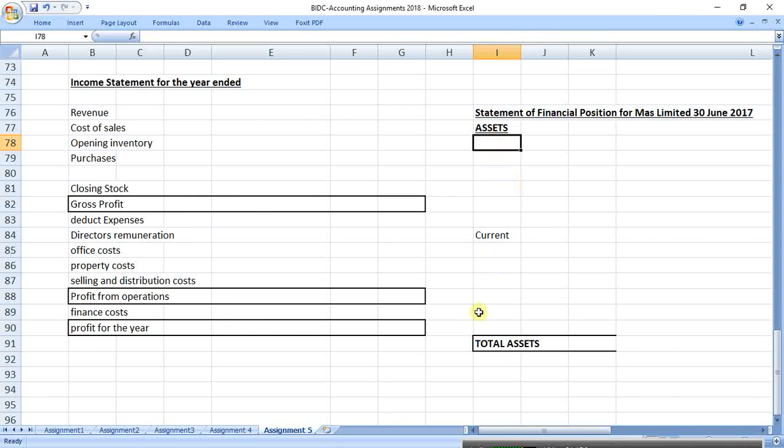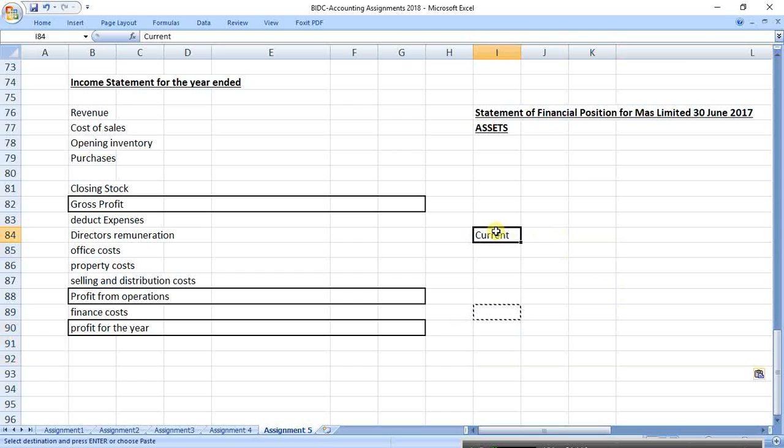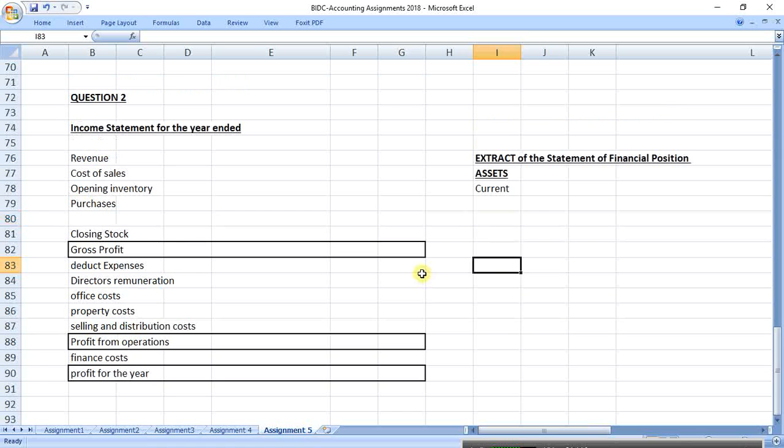And they only wanted current, so delete all the other stuff. Okay, so that's the template, that's what you need to do.